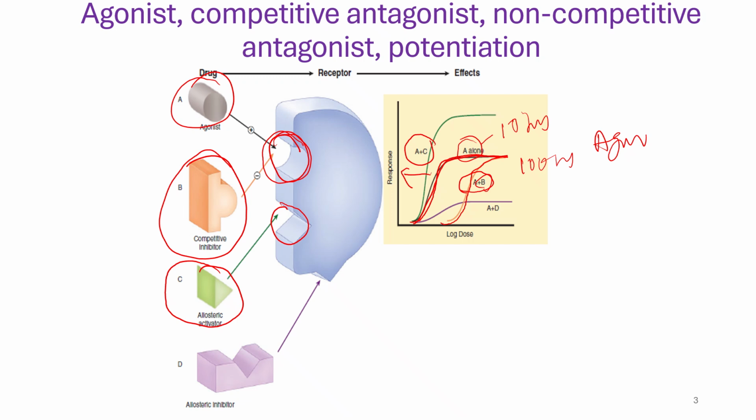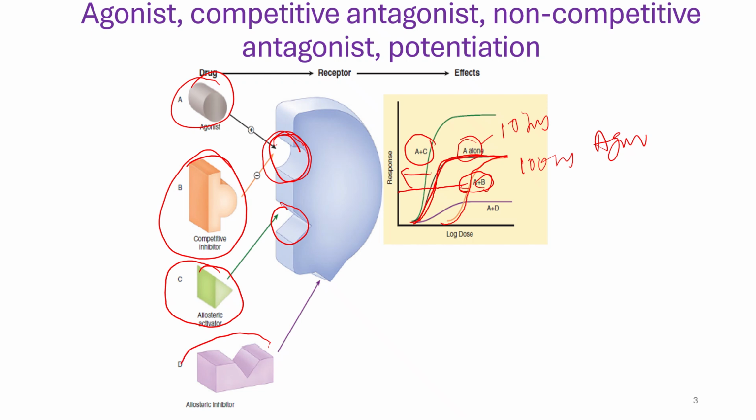The only thing is the ED50 or EC50 or Km increases. That means the potency is decreased. So that's competitive antagonism. By the name itself, there is a competition at the same binding site.